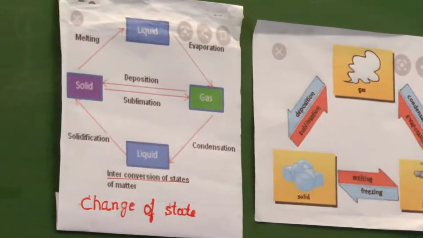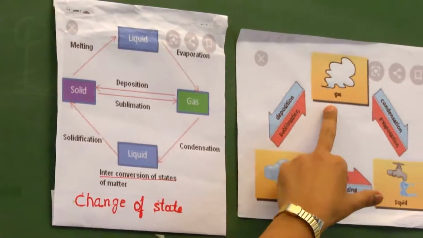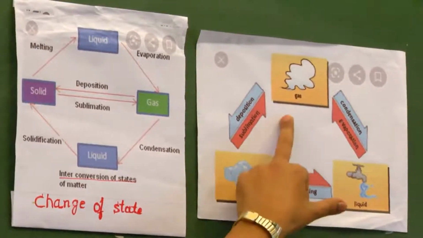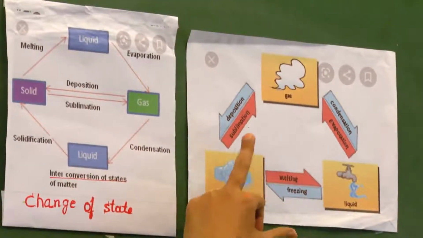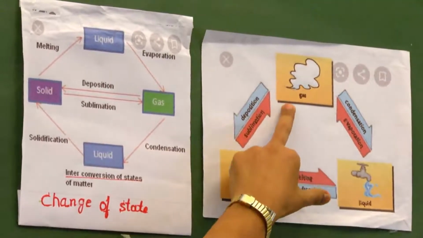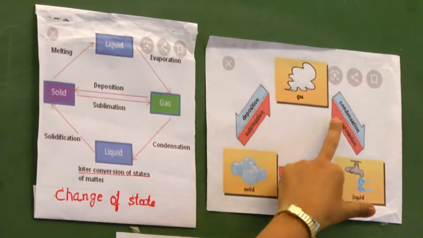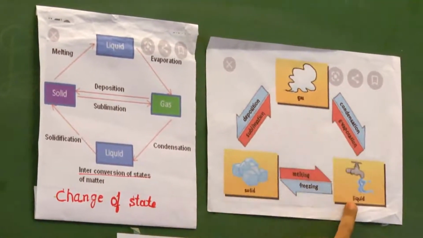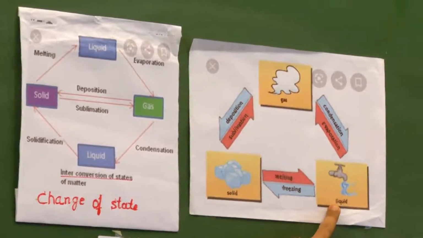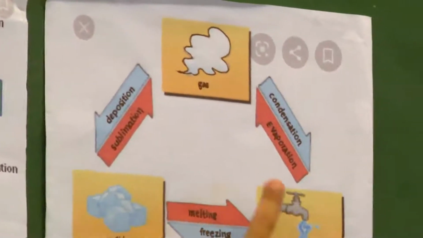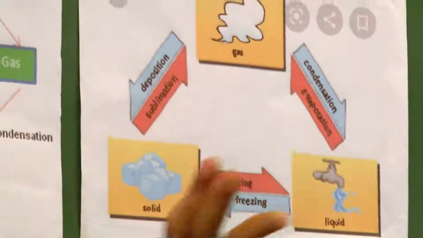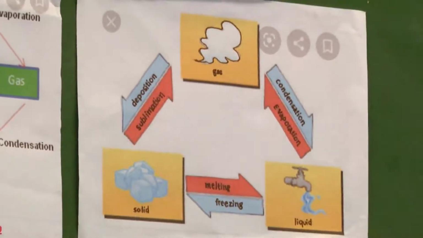And the next one is gas and liquid interconversion. The gas, when it condenses, will get converted into liquid. In the same way, liquid on evaporation will get converted into gas.